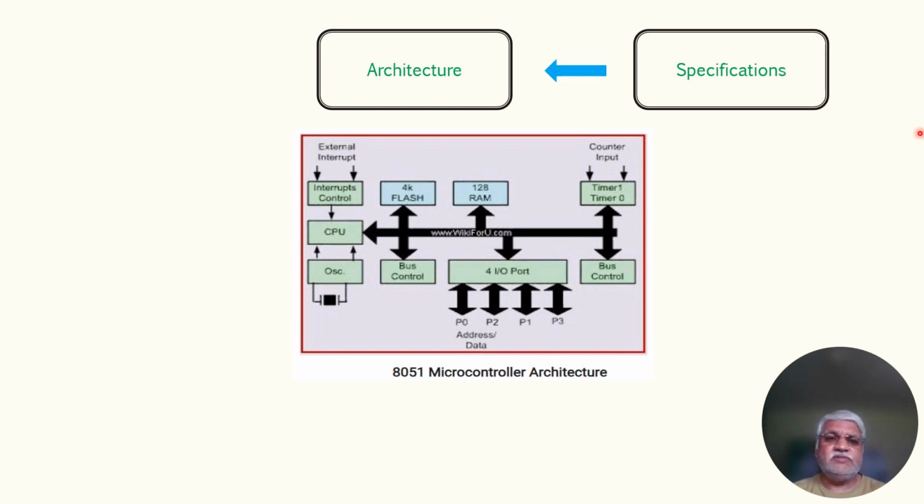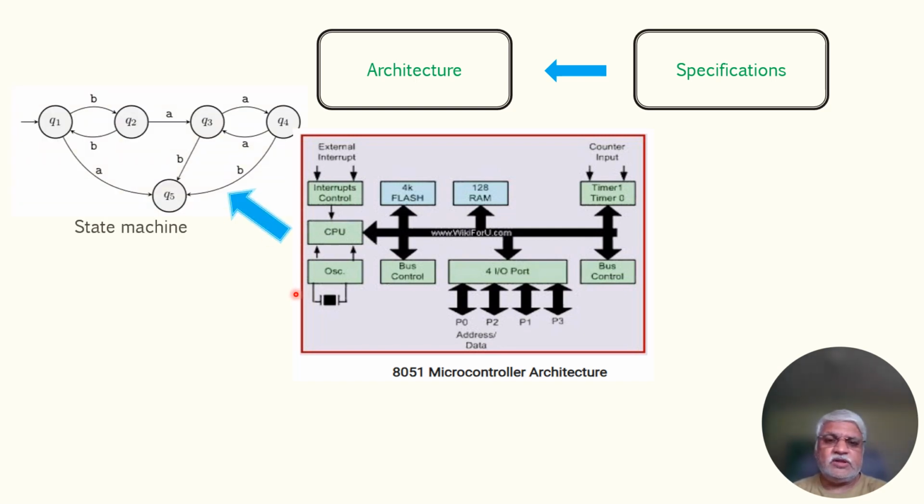If you see further, you will observe that each module is made into a state machine. The state machine will have specific triggers based on which it will move from one state to another.